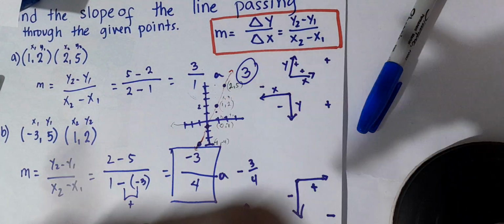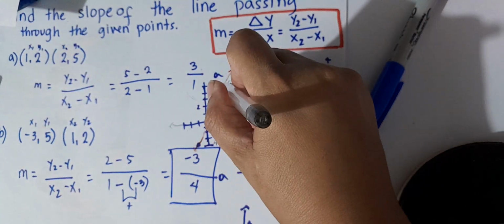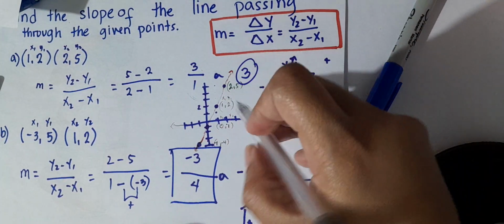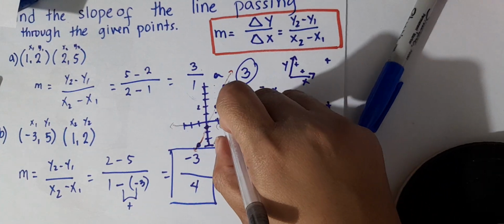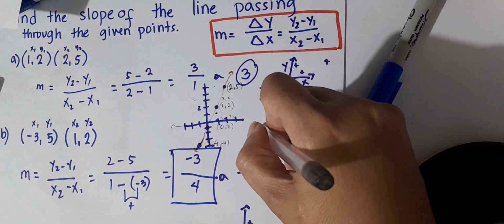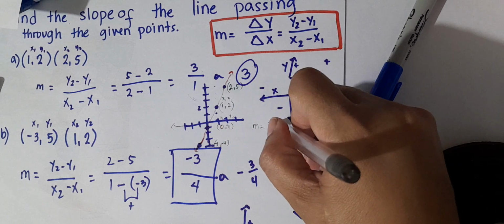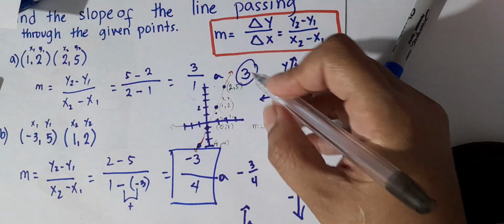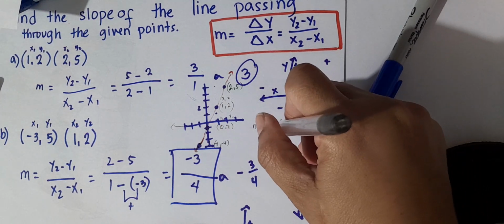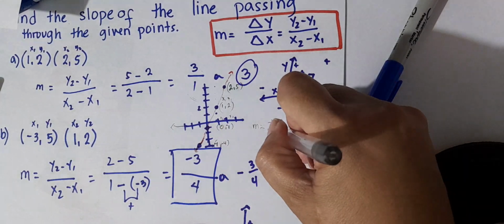Okay, so if we are to check if we get the same slope here, because remember, the slope of this line, in every point in between them, it should be the same. So to check that, if this is x1 and y1, x2 and y2, then m is equal to negative 1 minus 2, which is negative 2 here, over 0 minus 1.